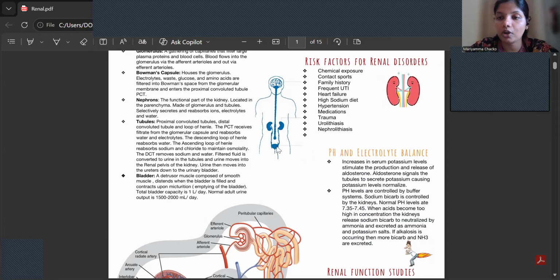The urinary bladder is called the reservoir of urine. Then it is passed through the urethra to the outside, and this is called micturition.